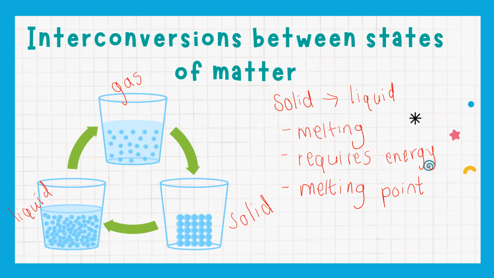Now we can also take a look at the reverse reaction, where the liquid turns back into a solid. Okay, so when we have a liquid turning into a solid, we call that freezing.